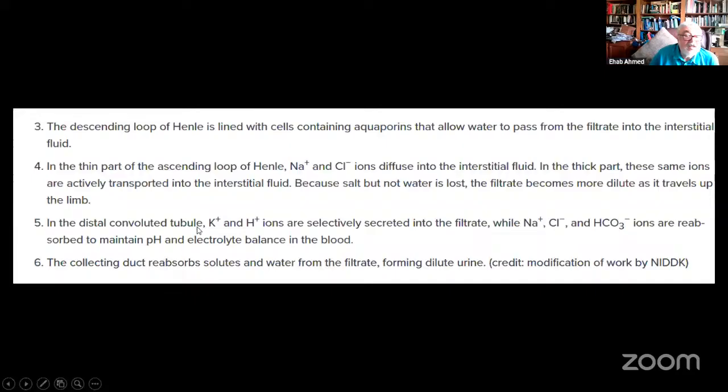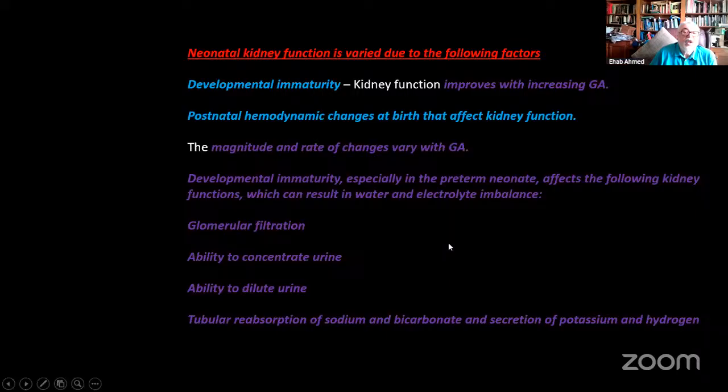And then the distal tubules, it's important for potassium and hydrogen ions, which are selectively secreted, while sodium and chloride and bicarb are selectively reabsorbed. That's why we can have distal renal tubular acidosis. This is how the distal tubules play a role in the acid-base balance. The collecting duct reabsorbs solutes and water from the filtrate. Okay.